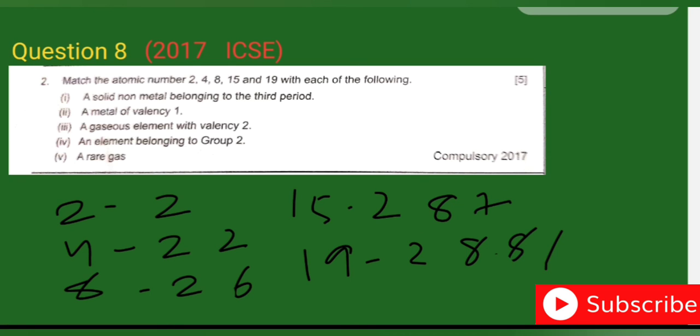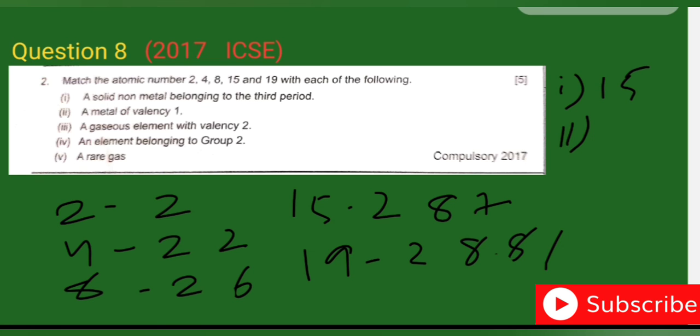Is it clear, children? A solid non-metal belonging to the third period. The non-metals are 8, 15 and 16. So the one belonging to the third period, which has 3 shells, 1, 2, 3, is 15. So you will write the answer as 15. Part 2: a metal of valency 1.